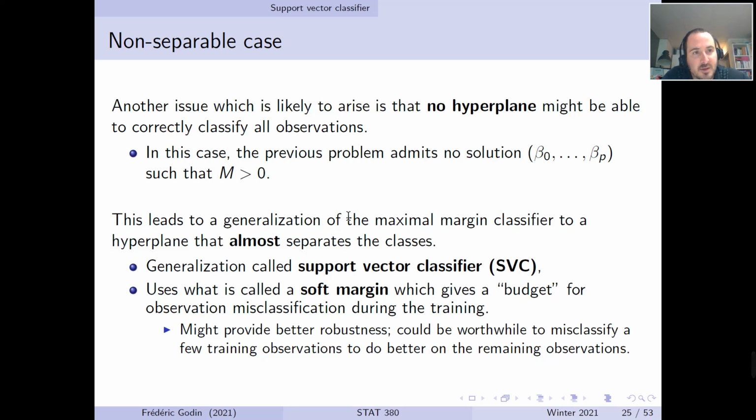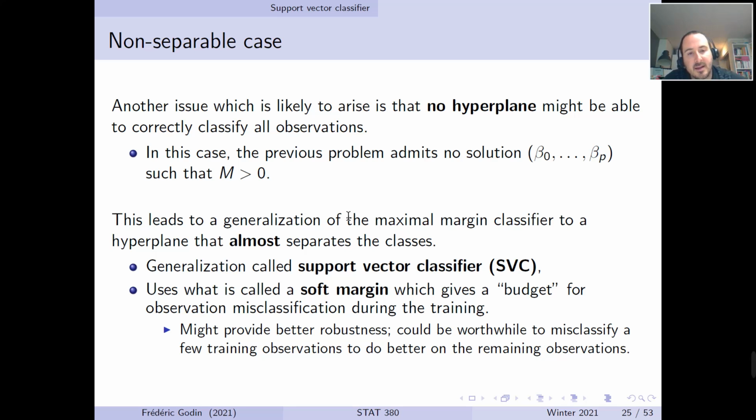For this reason, we now introduce a generalization of maximal margin classifiers, which leads to a hyperplane which almost separates the classes. It doesn't exactly separate the two classes, but it almost separates them perfectly. This generalization of the maximal margin classifier is known as the support vector classifier.